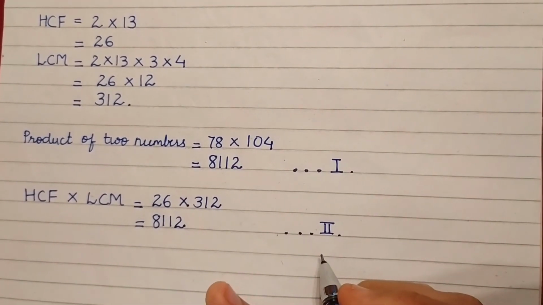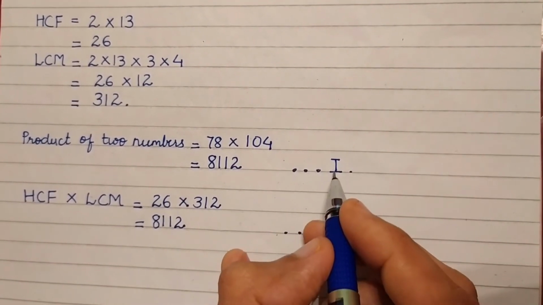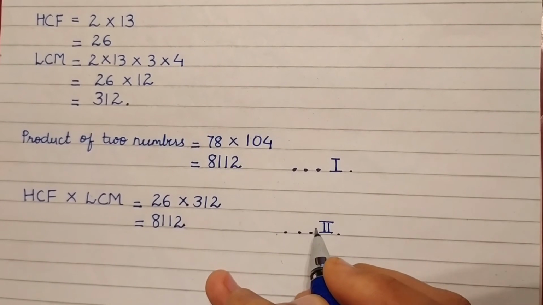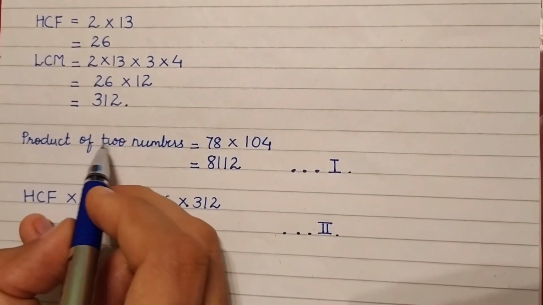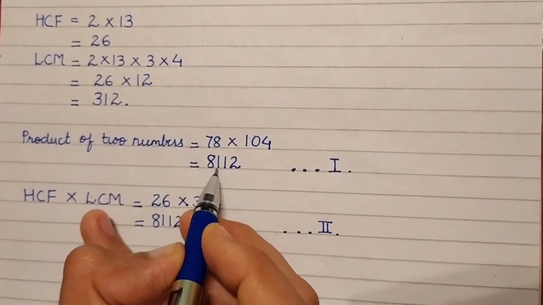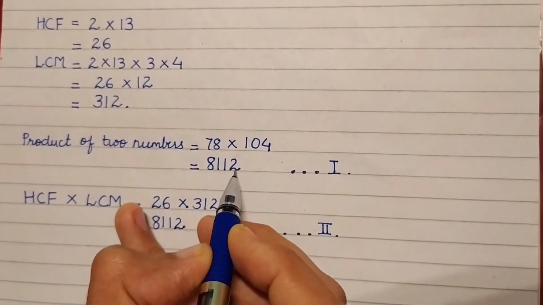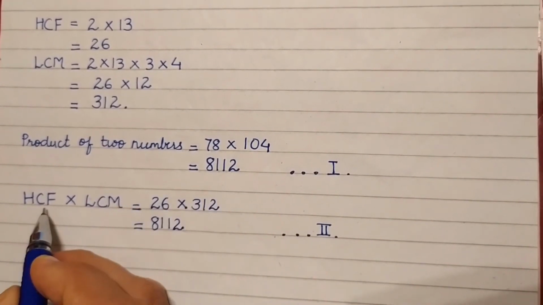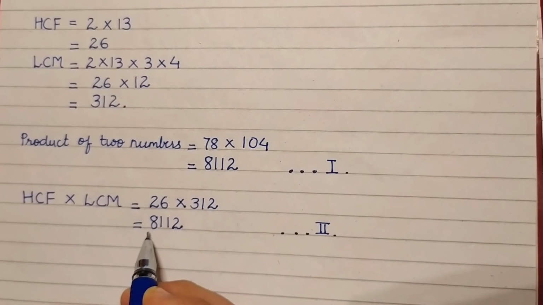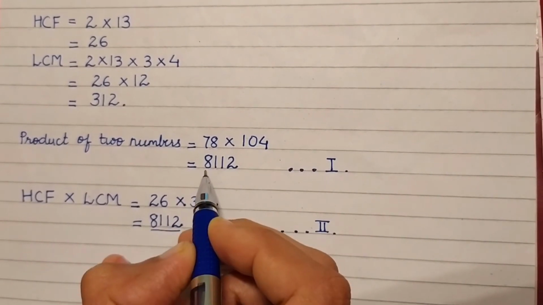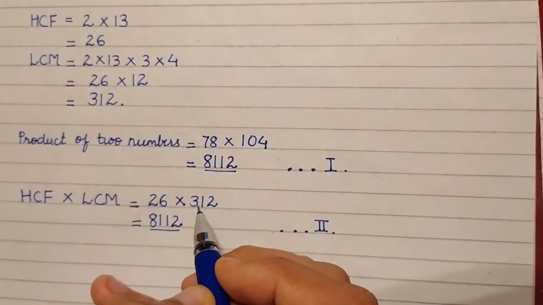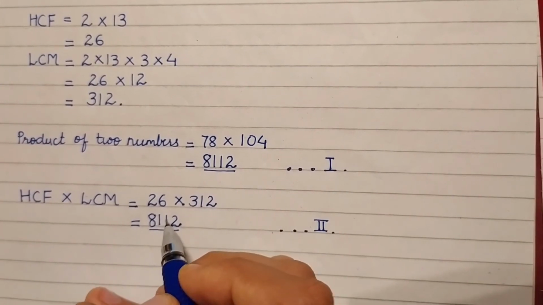Now children, what we observe from statement number 1 and 2, we can observe product of two numbers is 8112 and HCF into LCM also is 8112. That is, both the values are same.